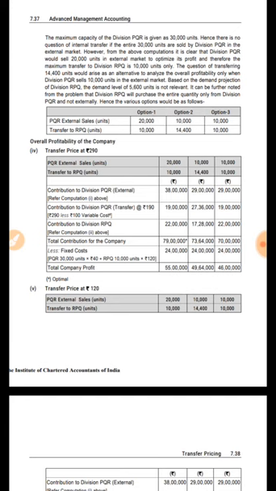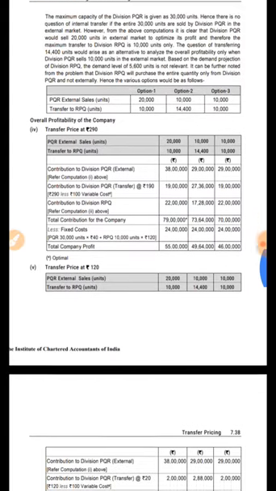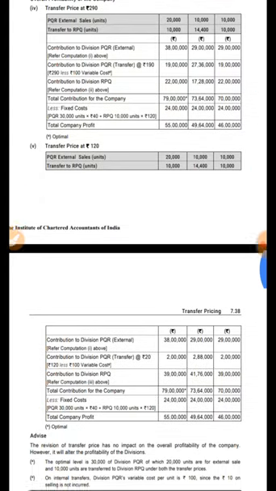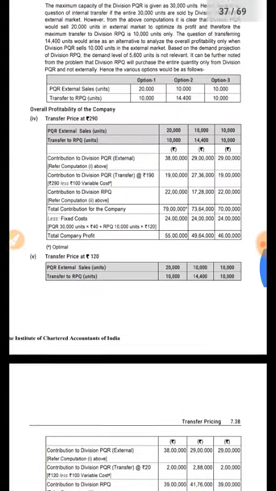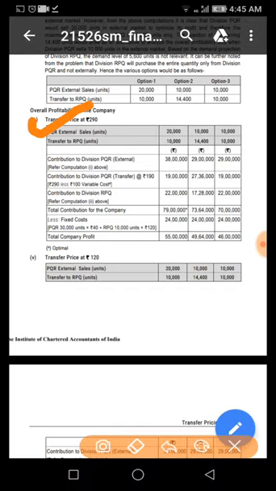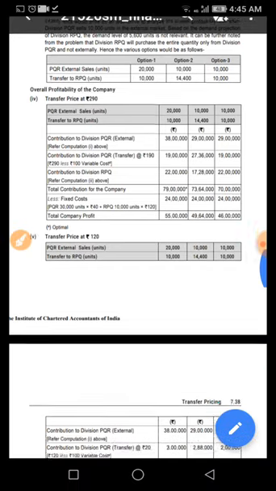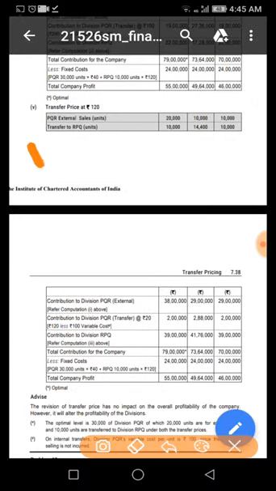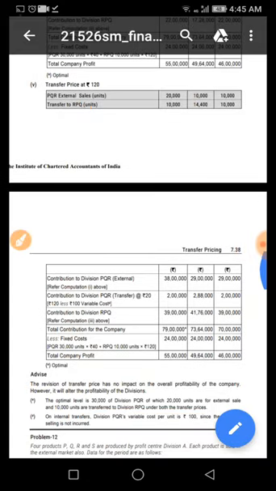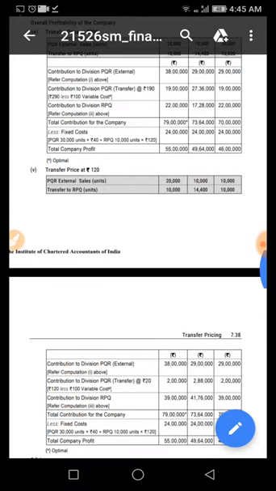Okay, just like that, if you are selecting 120 as the transfer price, the same thing that I have said in this one, you have to do here also. Okay, so see, contribution, the first one is the same only, the second one will change because the transfer price is changing here.